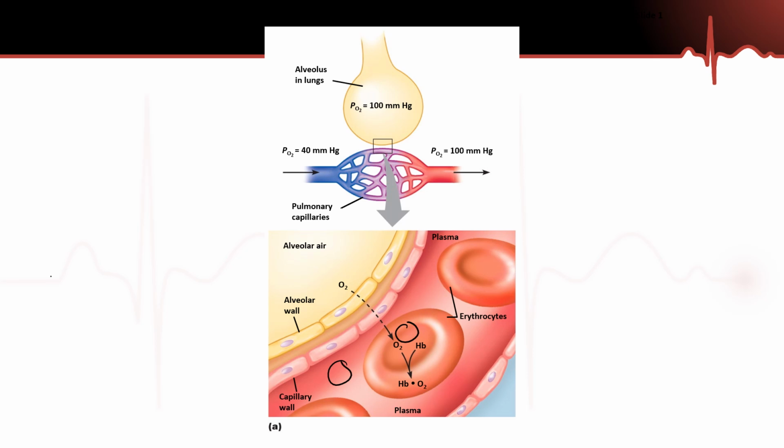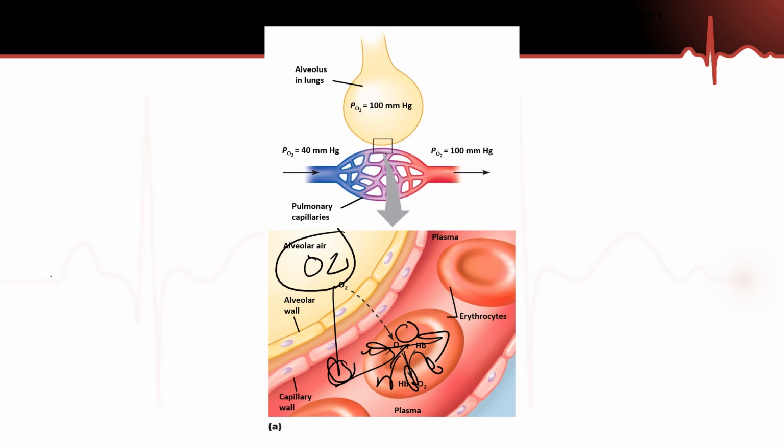It can gain so much oxygen because oxygen just keeps coming in from the air within the alveoli, entering into the plasma and then entering into the red blood cell and then binding to the hemoglobin within the red blood cell. The oxygen just keeps following a gradient from the air in the alveoli into the plasma, into the intracellular fluid, and then binding to hemoglobin within the red blood cell.